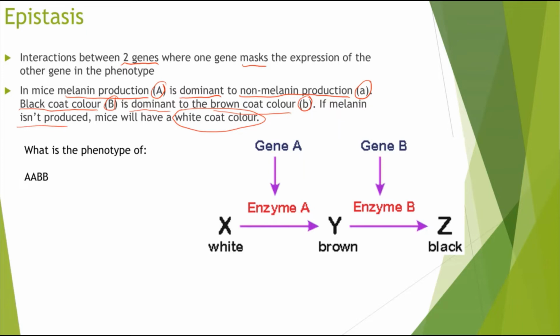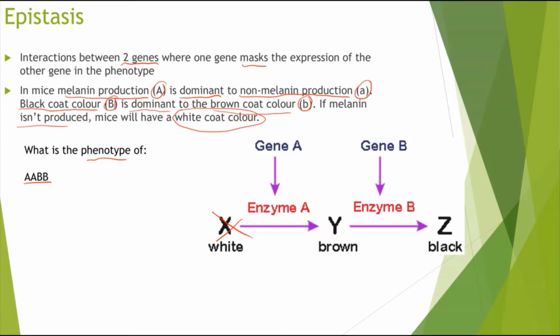So first, they're asking us, what is the phenotype of capital A, capital A, capital B, capital B? Now, I know for my melanin production, I need capital A. My melanin production is the most important bit. So I have got capital A, so I know that I will not have a white mouse, because I have both capital A, so I will either have brown or black.